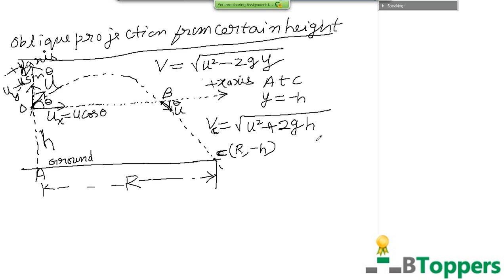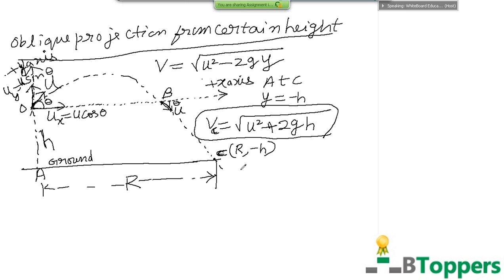Like that, if we project a number of balls with the same initial speed u from the same vertical height h above the level ground, then all the bodies strike the ground with a velocity of magnitude root of u square plus 2gh. So the speed of the body just before it strikes the ground will always be equal to root of u square plus 2gh, irrespective of the direction of projection.